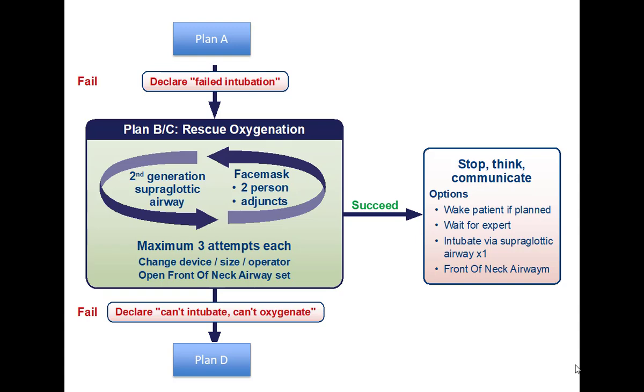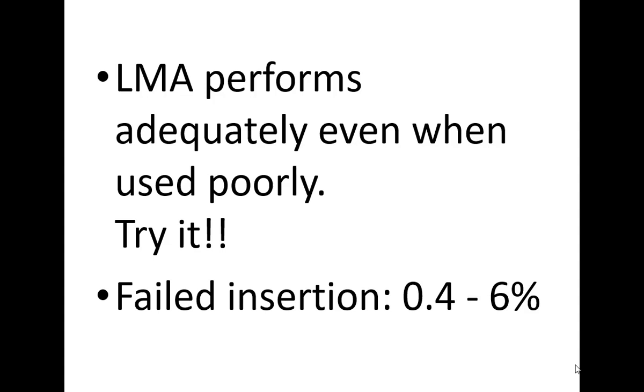So if you come across a failed intubation, so you have made your 3 attempts and you have failed to intubate the patient, then you have to try the rescue oxygenation. I am not going to spend too much time on this because the laryngeal mask airway will perform adequately. Most of you are familiar with this, that you have to really make an attempt to fail to put the laryngeal mask in place, right?